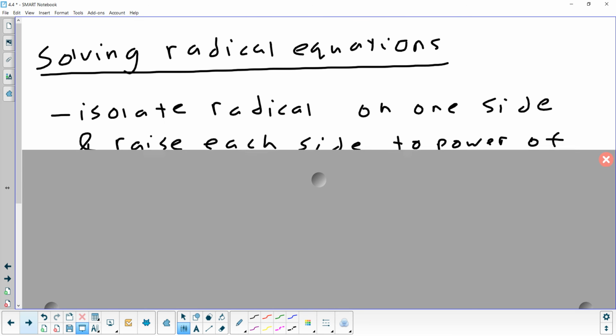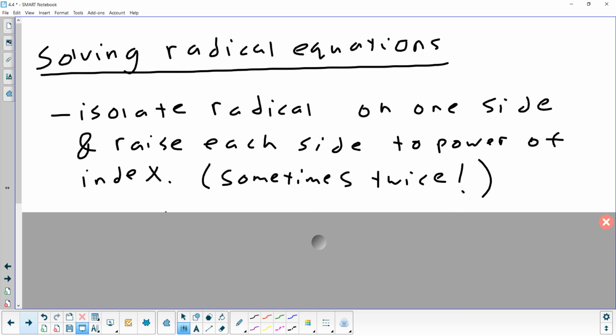All right, and the last thing is solving radical equations. So the goal when you're trying to solve a radical equation is to get x by itself. But you have to get it set up correctly, which involves isolating the radical on one side of the equation and then canceling that radical out by using the power.